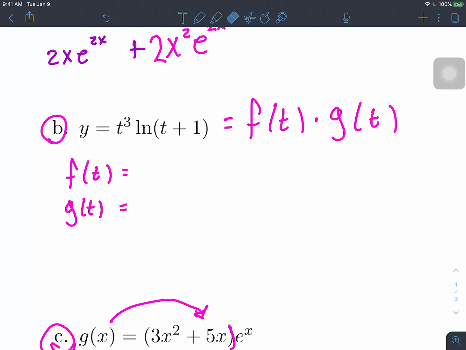Yeah, Mia? F of t should be t cubed and g of t should be ln of t plus 1. Very good.